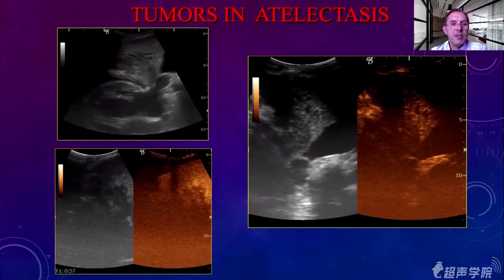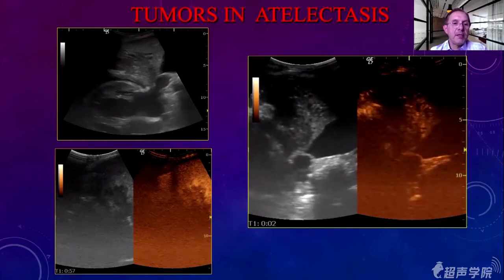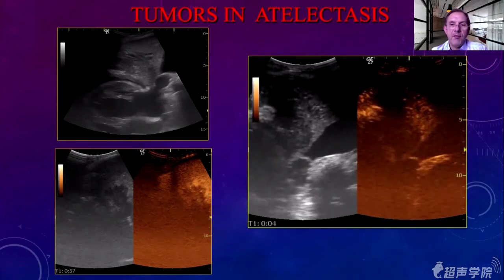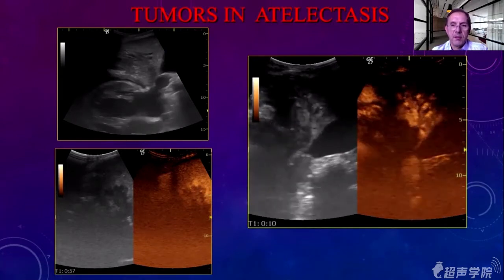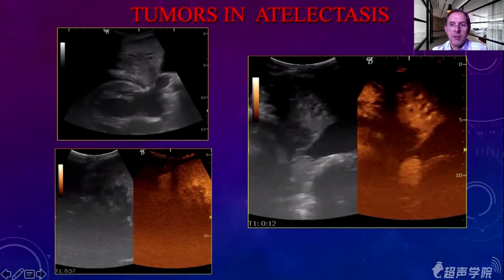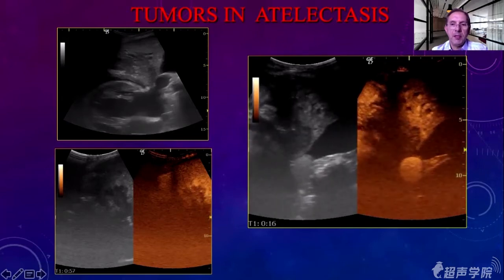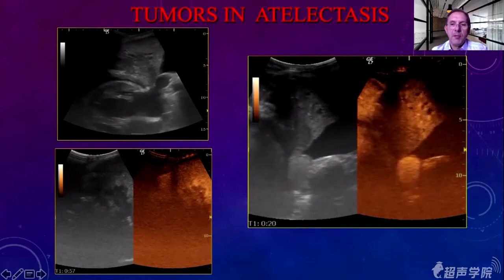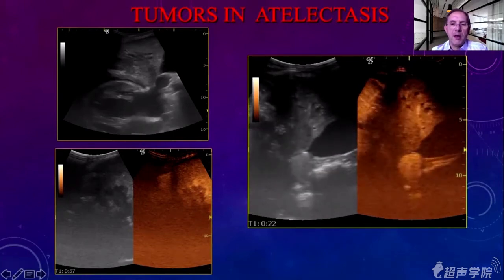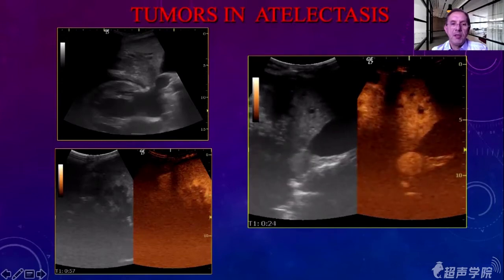And you will see in this case of atelectasis, in the arterial phase, at 6 seconds after the contrast agent injection, the atelectatic tissue is enhancing, but not the central part, which takes up contrast later, at 13-14 seconds after injection.